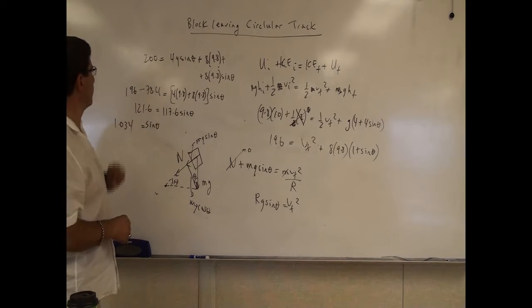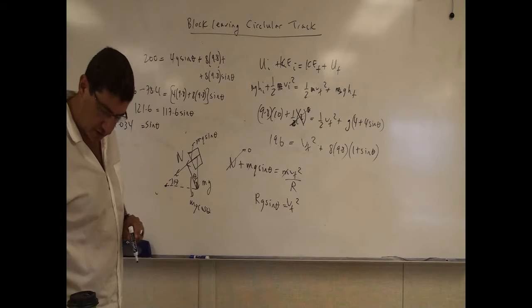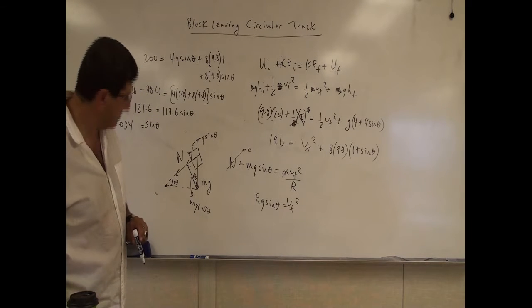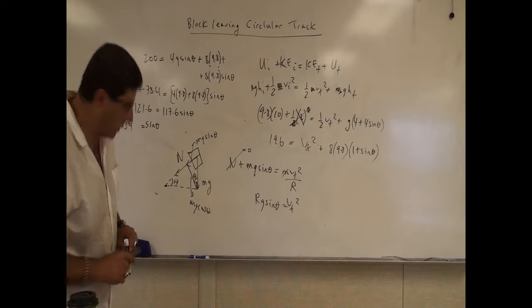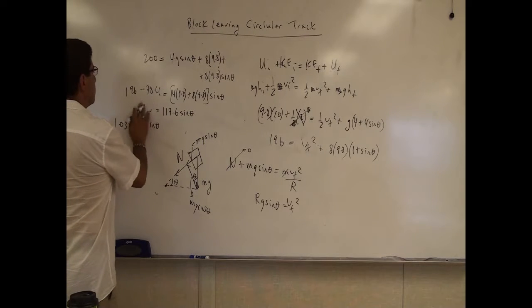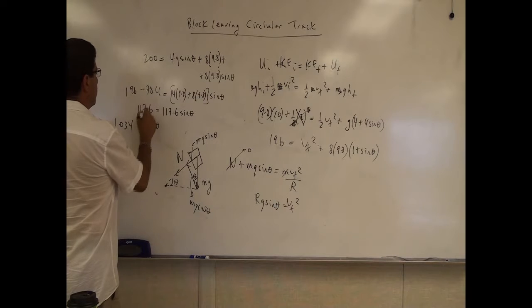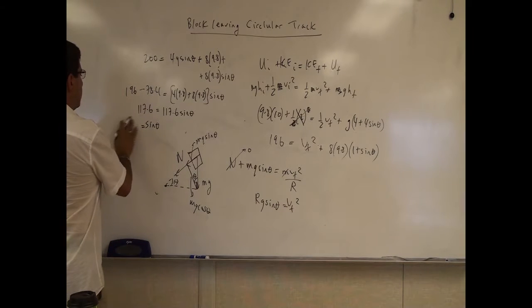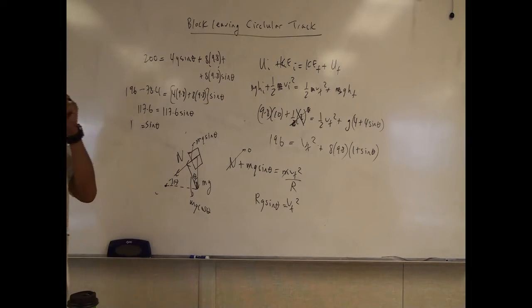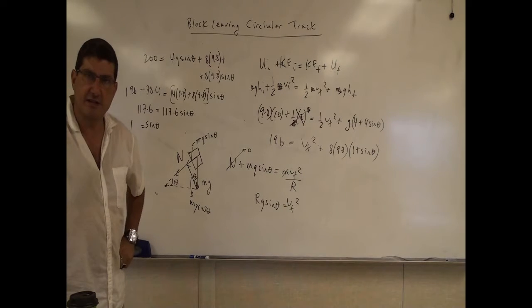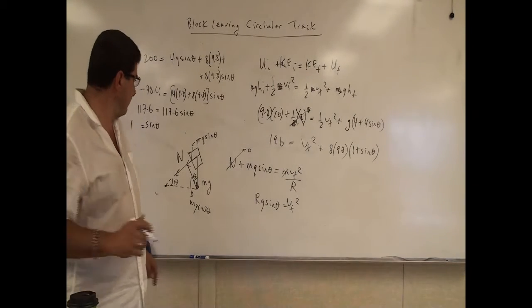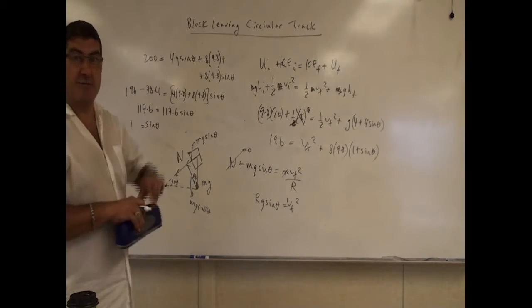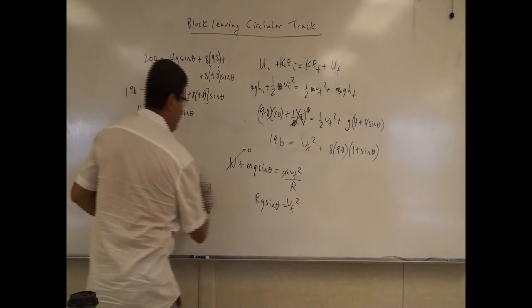Now 196 minus 78.4 is 117.6. And now sine of theta is 1. So what does that mean? Theta is 90. That means this thing actually makes it all the way to the top.